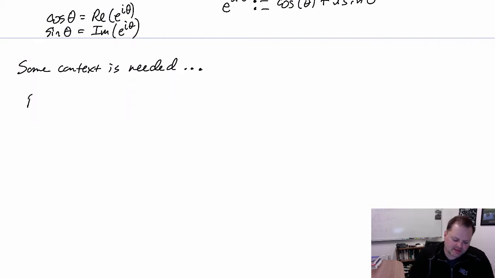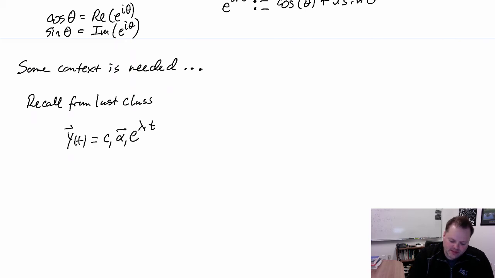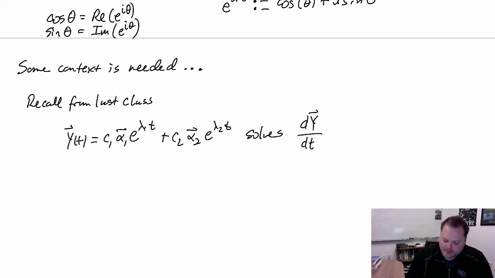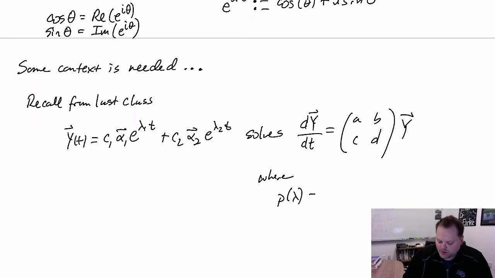Recall from last class that y of t equals c1 alpha 1 e to the lambda 1 t plus c2 alpha 2 e to the lambda 2 t solves the system with constant coefficients, where the characteristic polynomial, if you recall how to do this, is lambda squared minus the trace times lambda plus the determinant.